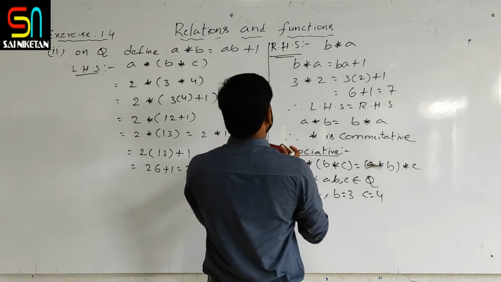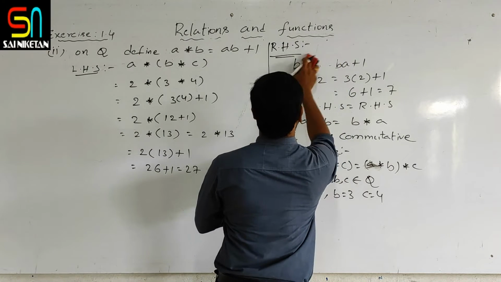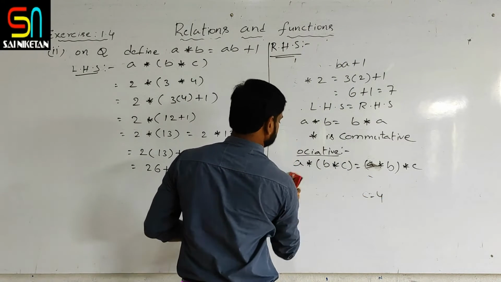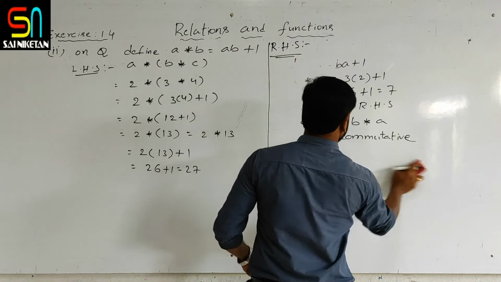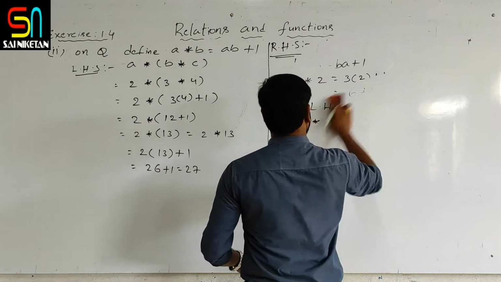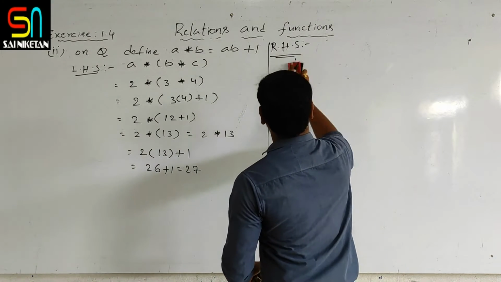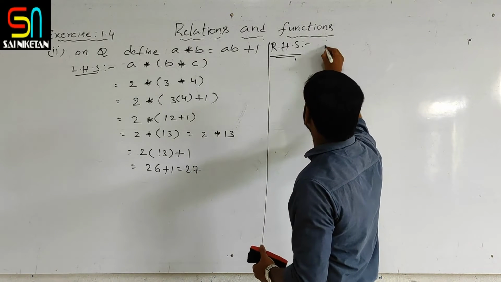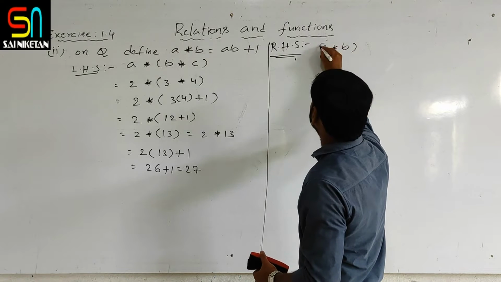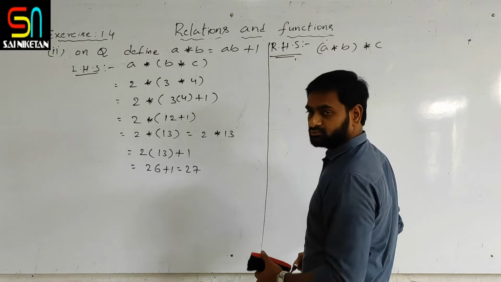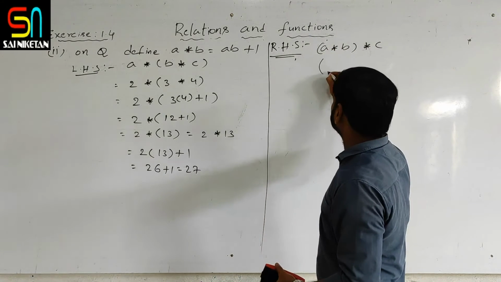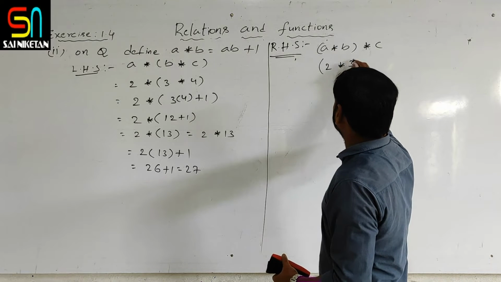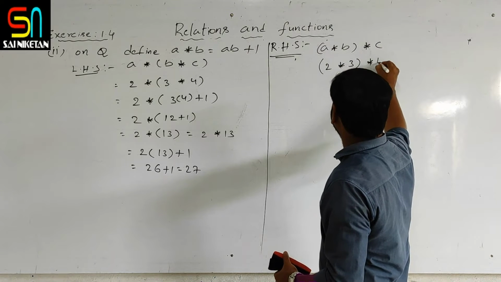Now what about the RHS? So what is RHS? A star B star C. Now what is the A value? 2 star 3 star 4.